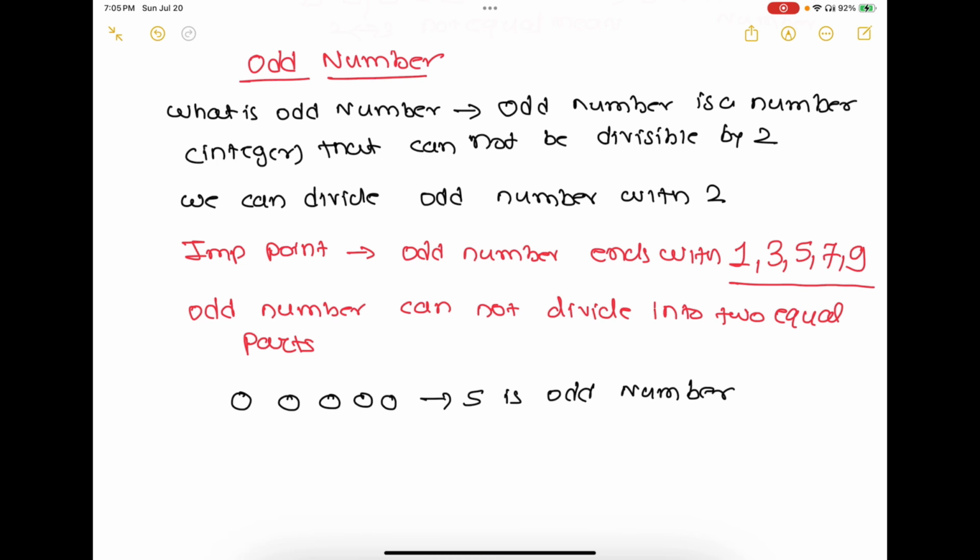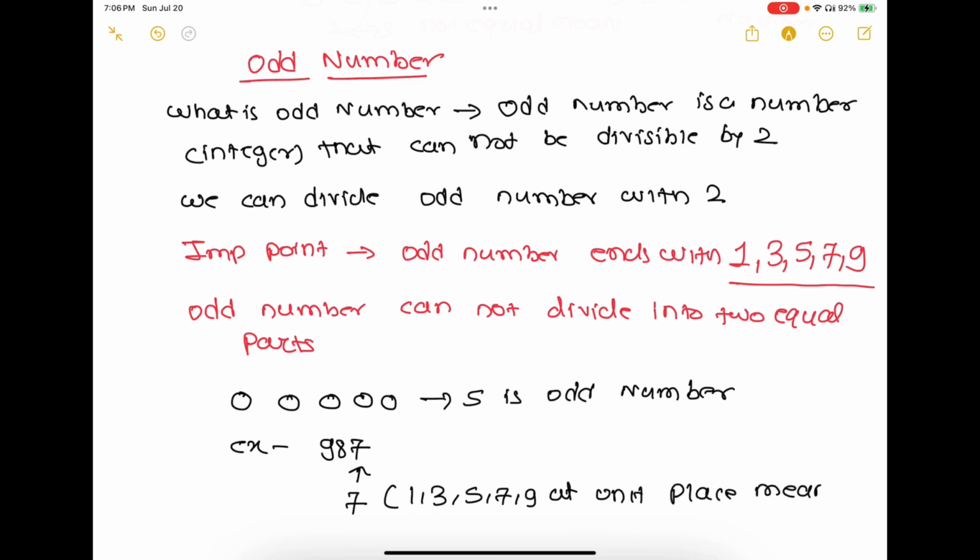Okay, example, 987. We cannot divide 987 into two equal parts. How to understand whether we can divide this into two equal parts? That is very difficult for you to check. But there is one trick. Take the unit place number, that is 7. Wherever you see 1, 3, 5, 7, 9 at unit place, it means odd number.